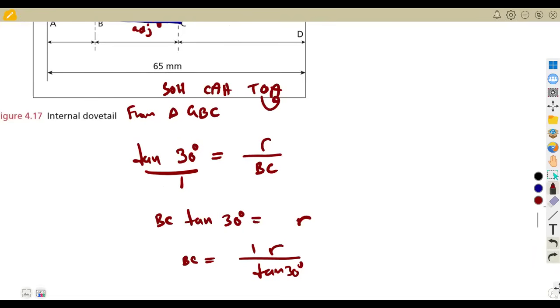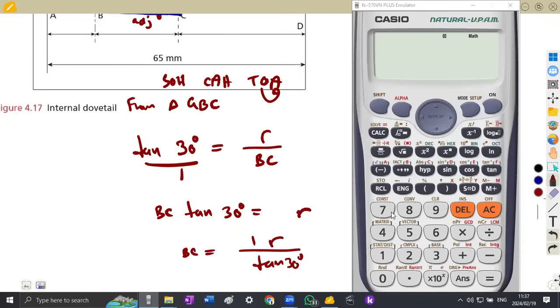All right, let me bring my calculator and show you what I'm trying to say here. This is 1 divided by tan 30, 1 over the tan of 30 degrees, and you're going to get the square root of 3.